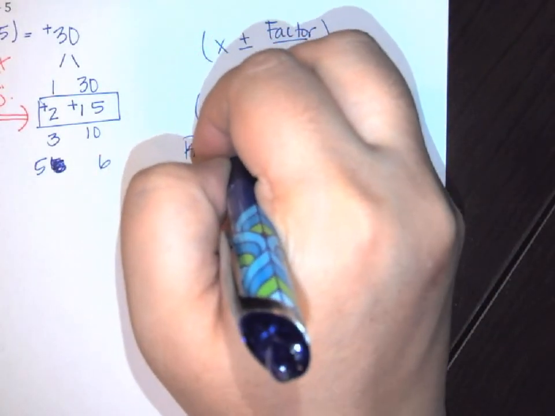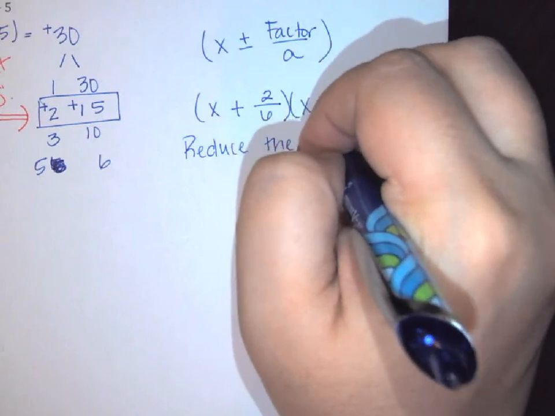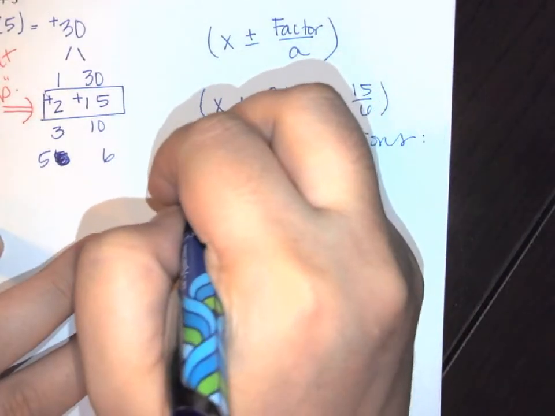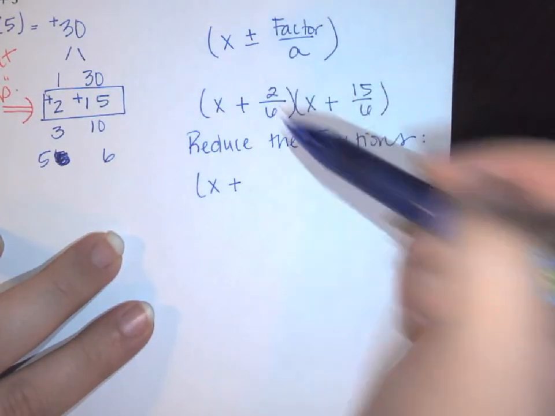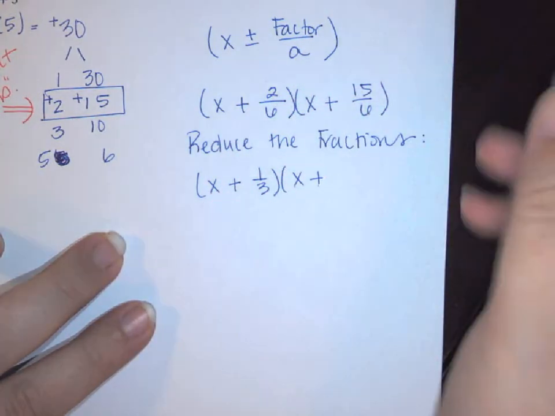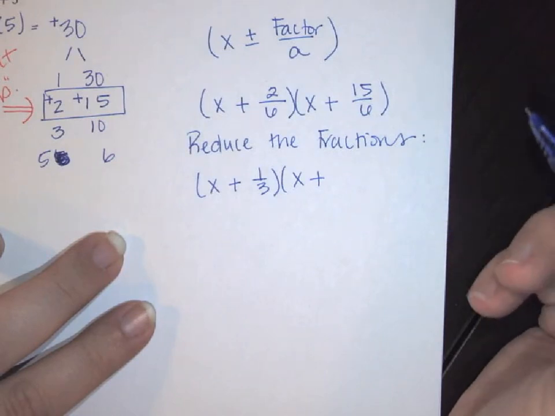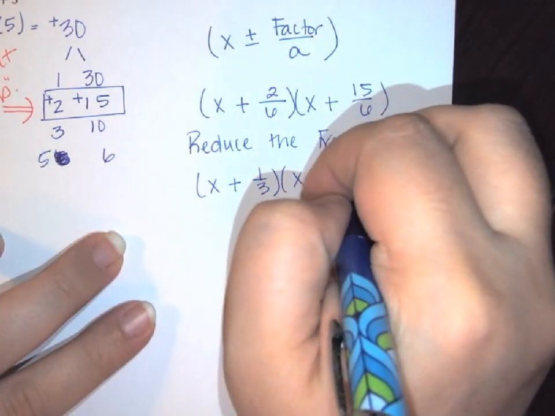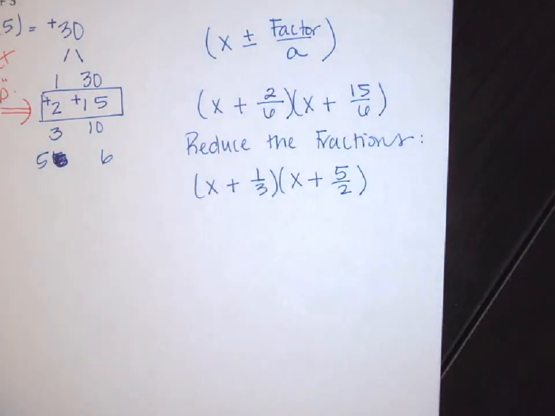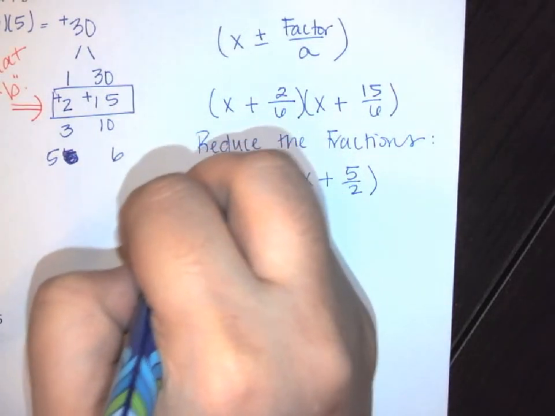Once you do that, remember you need to reduce the fractions. So x plus 2 over 6 is going to reduce to x plus 1 over 3. And x plus 15 over 6 is going to reduce to x plus 5 over 2. Now, I still have denominators. Because I have denominators, this is where bottoms up comes from.